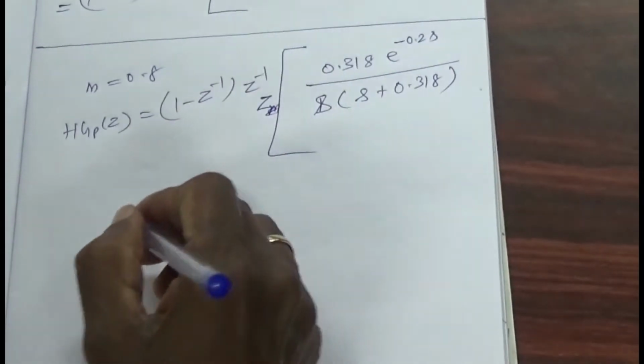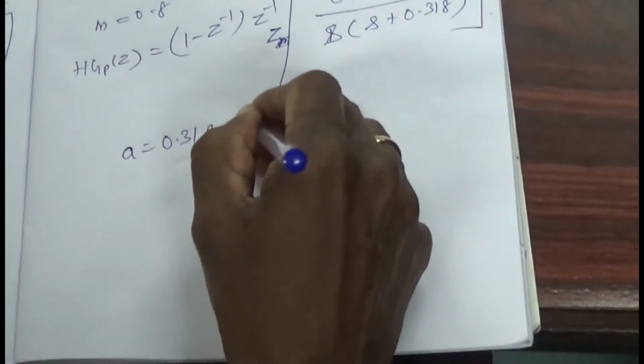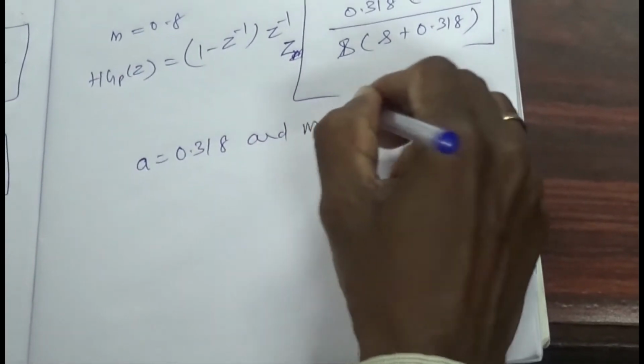So here a equals 0.318 and m equals 0.8.